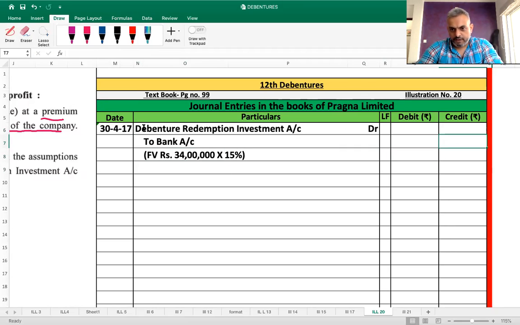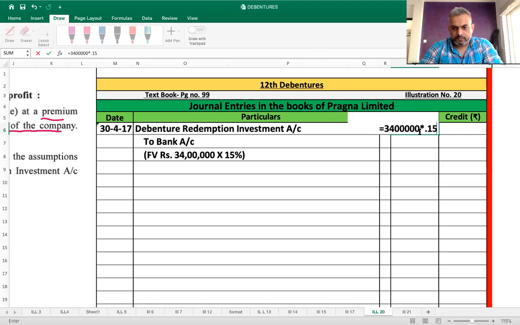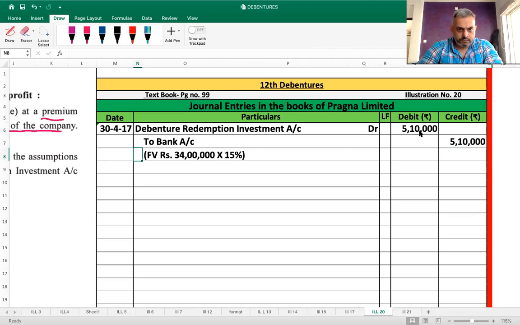So let's see how much amount is calculated: 5,10,000. Close it.